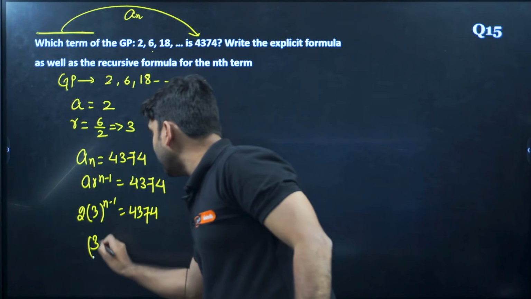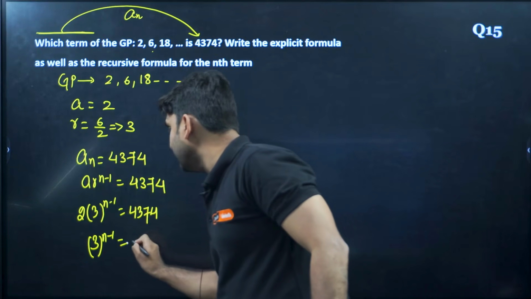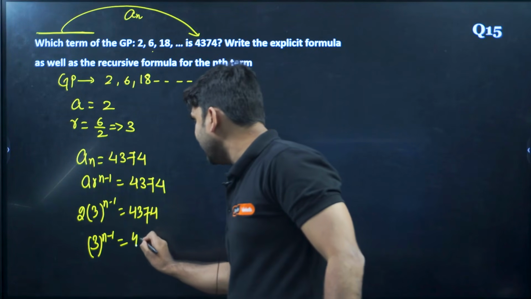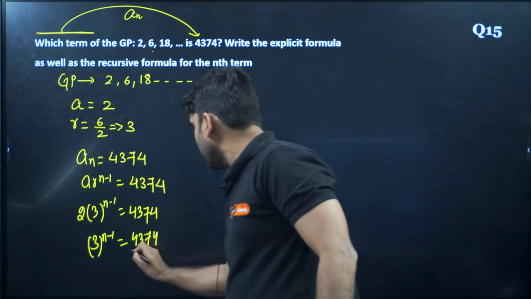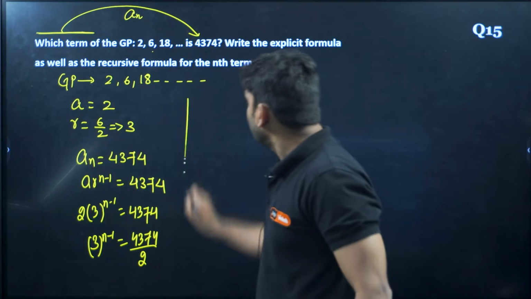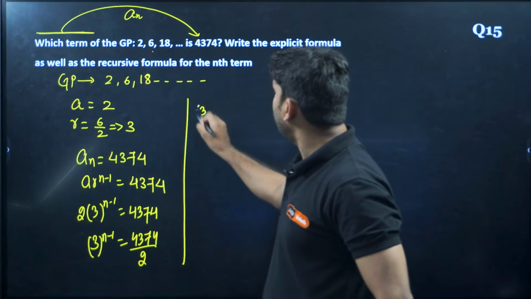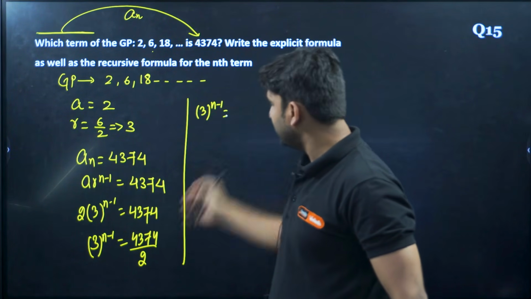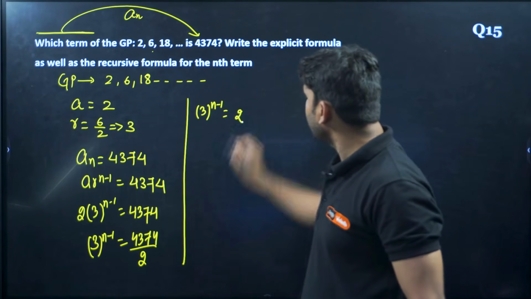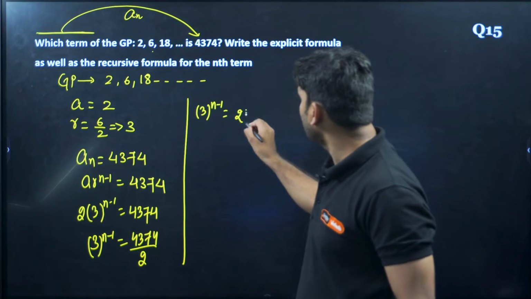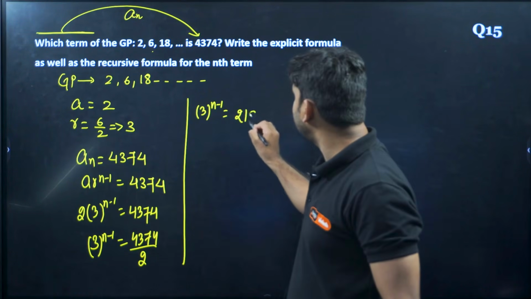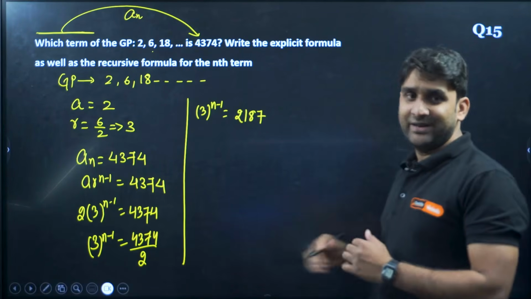So 3 to power N minus 1 will be equal to 4374 divided by 2. So 2 into 2 is 4, 2 1s are 2, and 1 7 2 8, 2 8s 16, 2 7s 2187 will come.